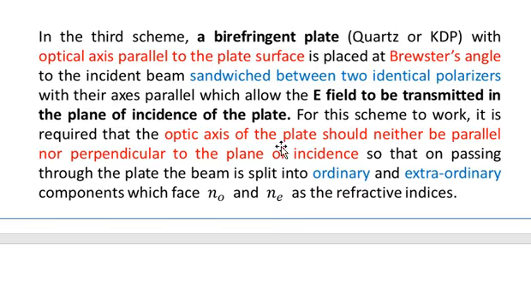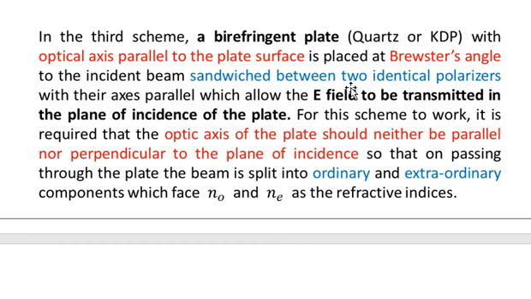We have to arrange the plane of incidence of this crystal in such a way that the optic axis of the plate is neither parallel nor perpendicular to it. It is better that the optic axis makes an angle of 45 degrees to the plane of incidence, so that the light equally splits into two parts.